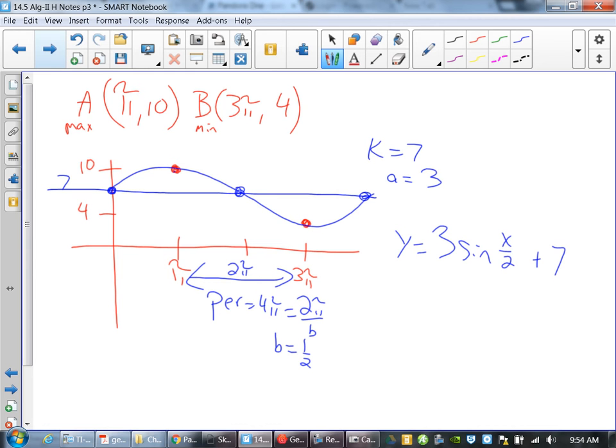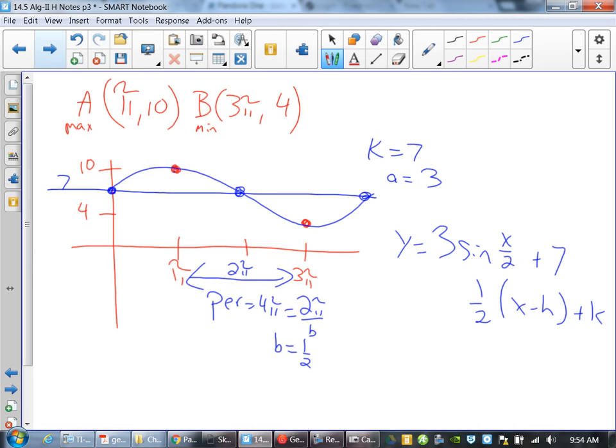And then you have an a value of 3. You still have the b value be the same, x over 2. It's x minus h. It would have been 1/2 times x minus h, plus k. That's what it would look like. But by doing the path of least resistance, you don't need to worry about the h.